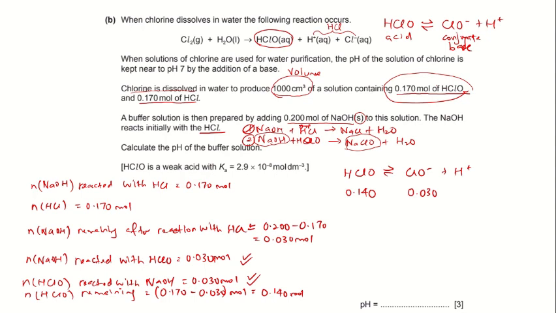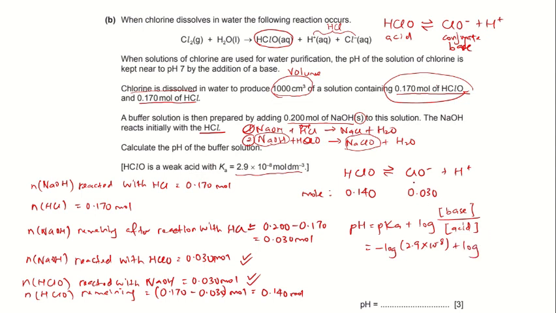Now I have the number of moles for the acid and also for the base. I can calculate the pH of the buffer solution by using this formula: pH equals pKa plus the logarithm of the concentration of the base over the concentration of the acid. Ka is given here. pKa is negative log of Ka, 2.9 times 10 to the power of negative 8, plus log the concentration of base.